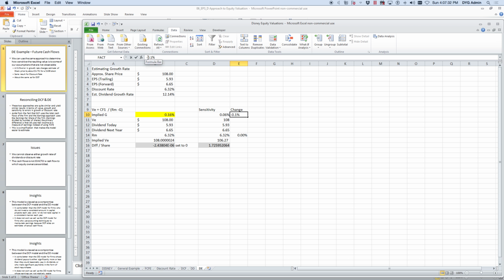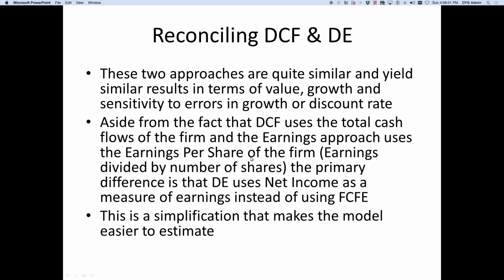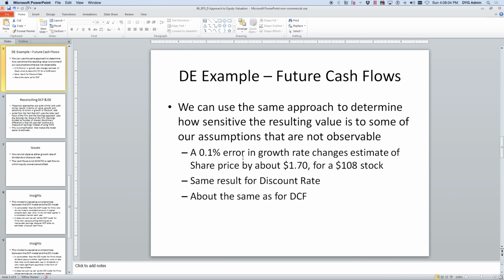If you went with a plus, so you're going to go from 0.16 to 0.26, it goes down about $1.78. You're going to see that you get similar results intuitively. Doesn't matter which of these two we change, we're going to get the same result because it's just one minus the other. So somewhere in the $1.70 to $1.80 range sensitivity on this. So let's just call it 1.75.